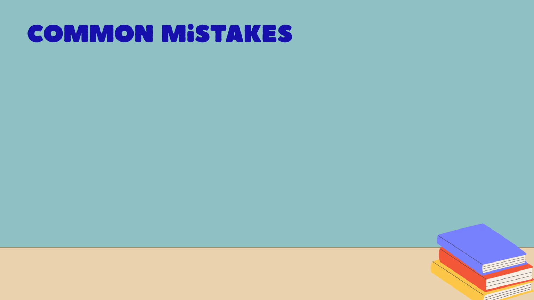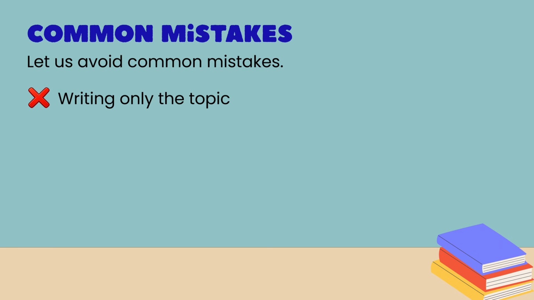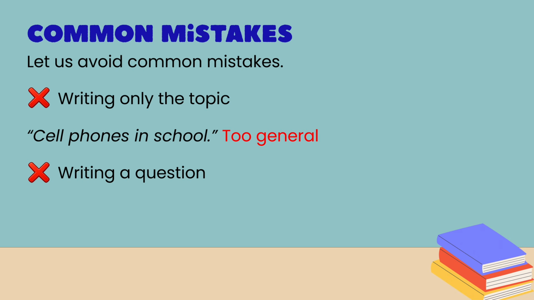Now, class, some important reminders. Let us avoid these common mistakes. Writing only the topic. Cell phones in school. That is too general. Writing a question. Should cell phones be banned?